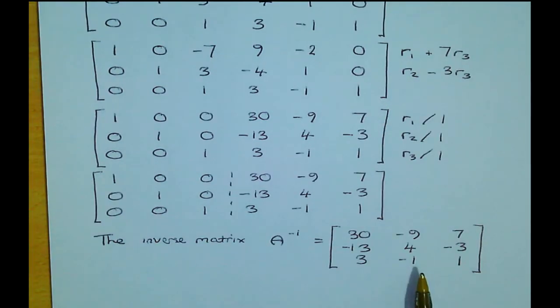This is our inverse matrix, and of course we could verify that when we carried out multiplication involving this and our original matrix, we would return the identity matrix.